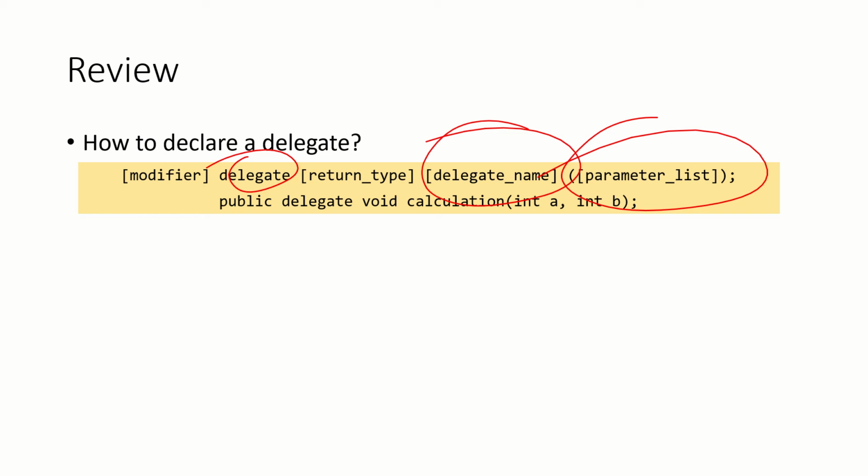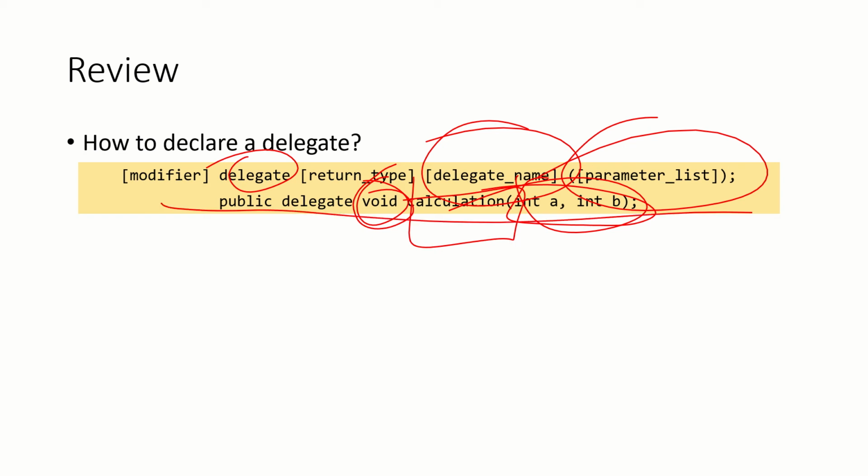If you want to delegate a method, this method has to have the same return type and the same signature. As long as you have the same return type and the same parameters, you can use this delegate to represent any method that matches this return type and signature.